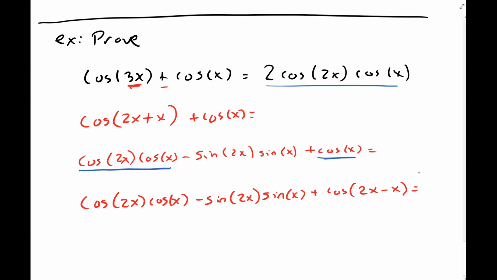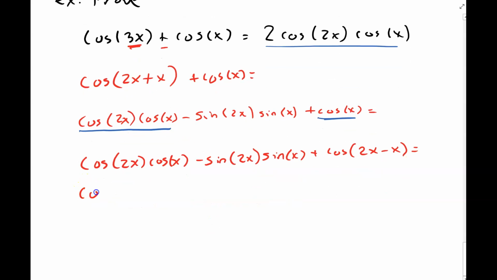Everybody okay there? The reason I'm doing this is because I know that's going to give me another sine 2x and sine x, and it'll give me another cosine 2x times cosine x. So I think everything will combine together and cancel out appropriately.